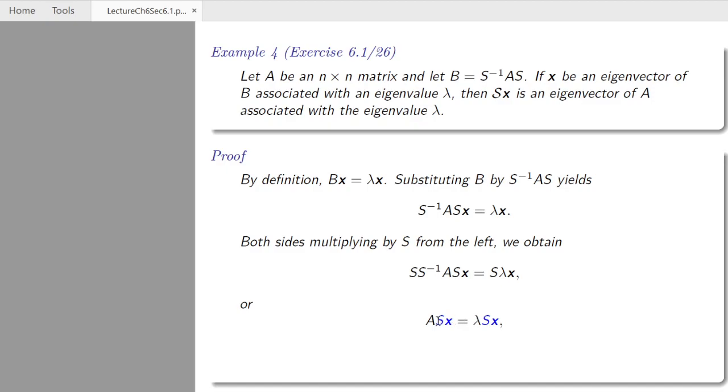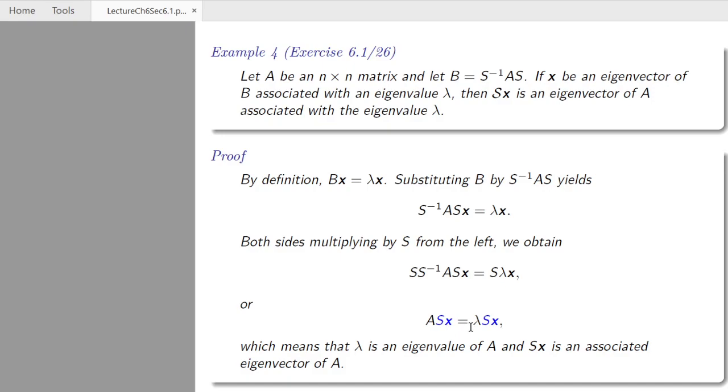Now here we use blue ink to emphasize Sx. Sx is a non-zero vector, so by the definition we can say lambda is an eigenvalue of A, and Sx, you can see on the left we have Sx, on the right side we have Sx.